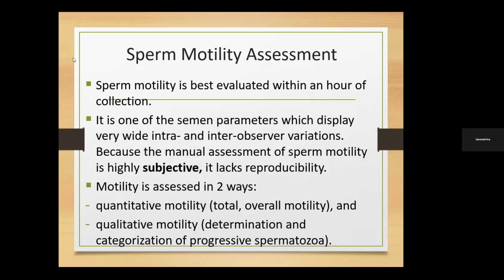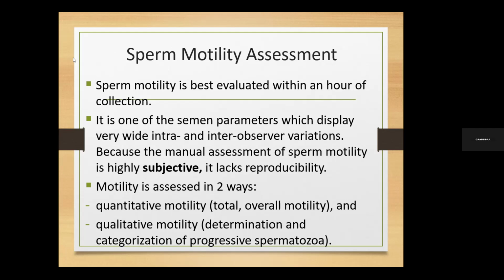All right. So you can do it two ways. Quantitatively, quantitative is just giving it a percentage, as a percent that is moving. But then you come to qualitative. Qualitative, we are going to now categorize them into where they are moving, to what extent. Yes, this is moving forward and fast. This is also moving forward, but very slow.